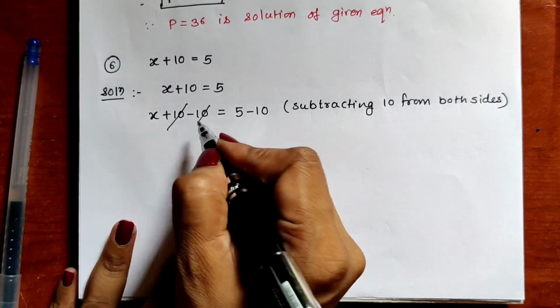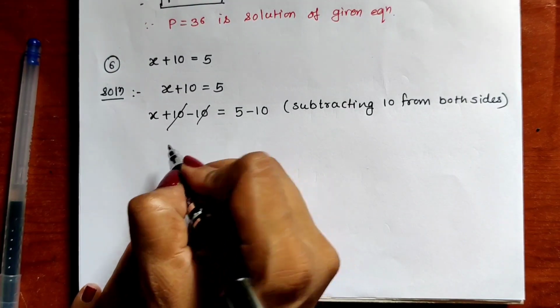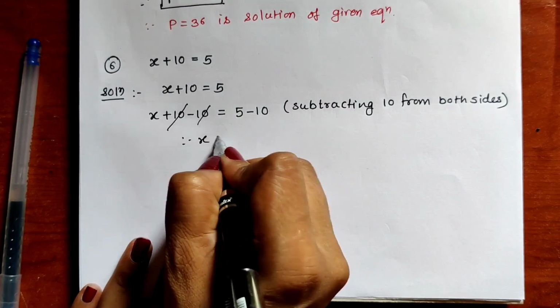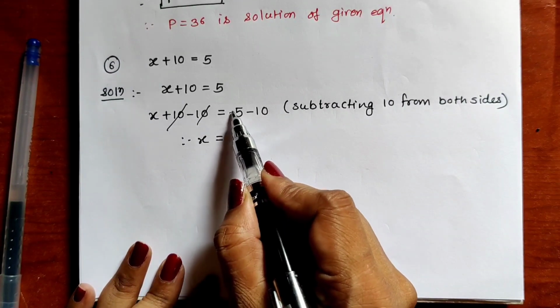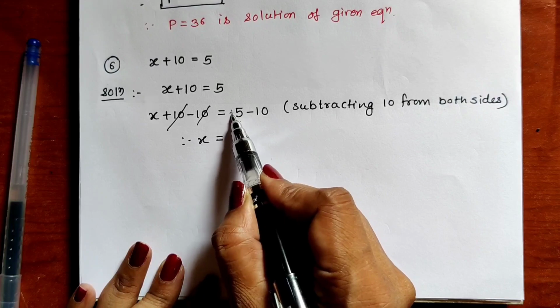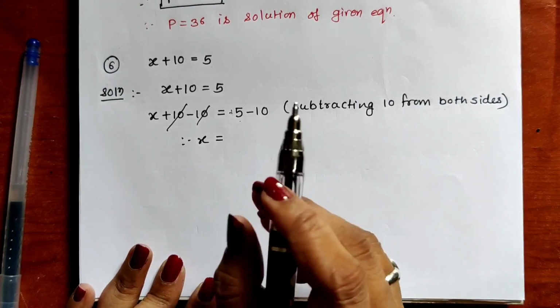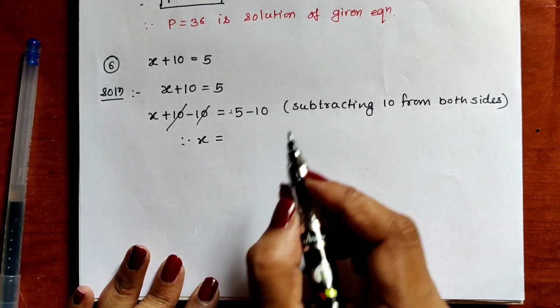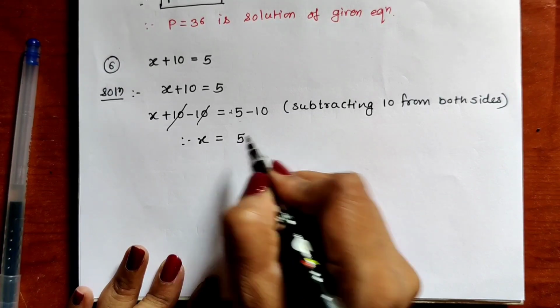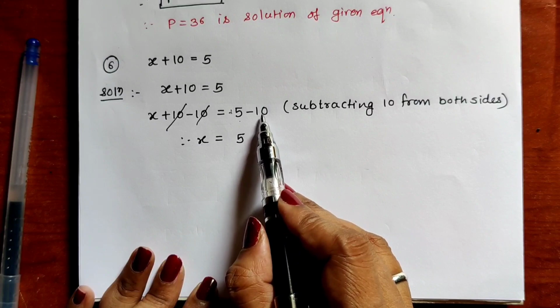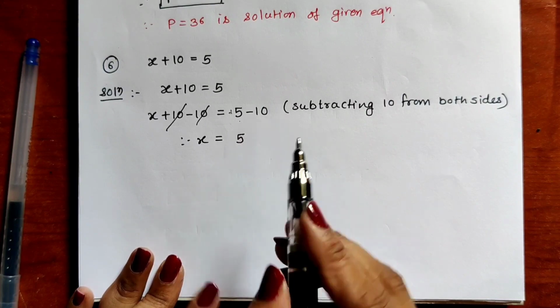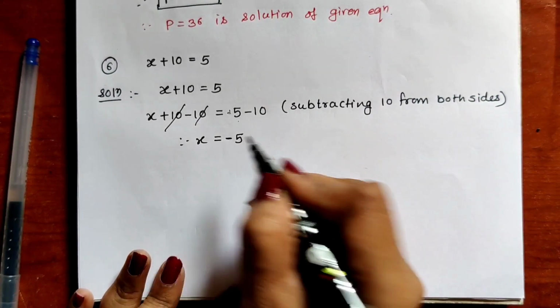So here plus 10 minus 10 cancelled. We get only x. What we get on the right hand side? Plus 5. See, 5 doesn't have any sign, means plus sign is always there. So plus 5 minus 10, plus minus minus. So 10 minus 5 is 5. But sign of bigger number always we have to give. So 10 is bigger number, 10 sign is minus. So 5 should have minus sign.